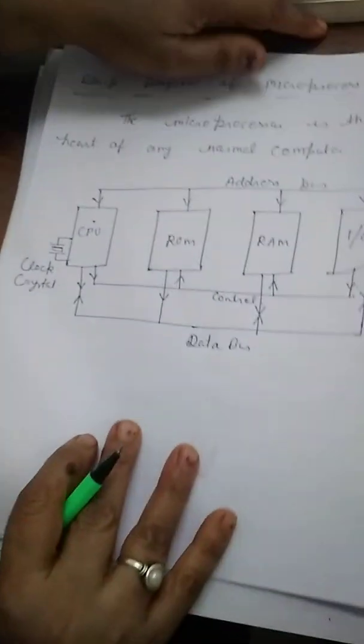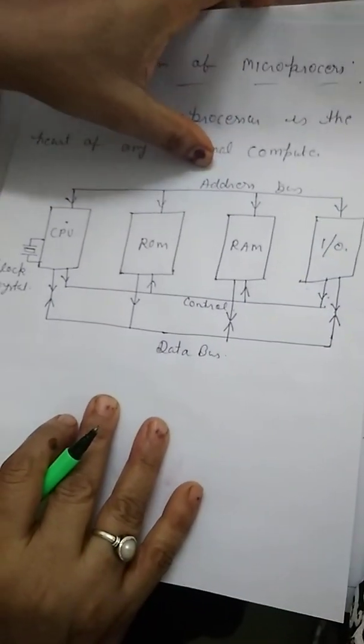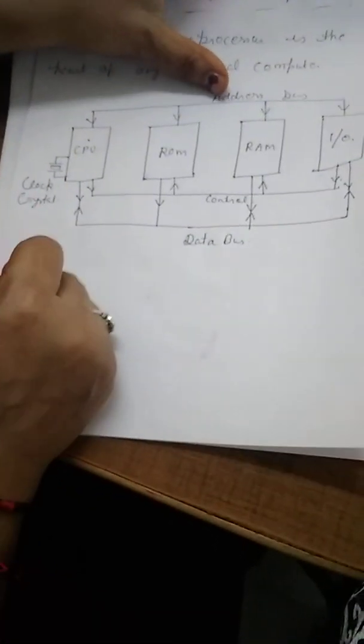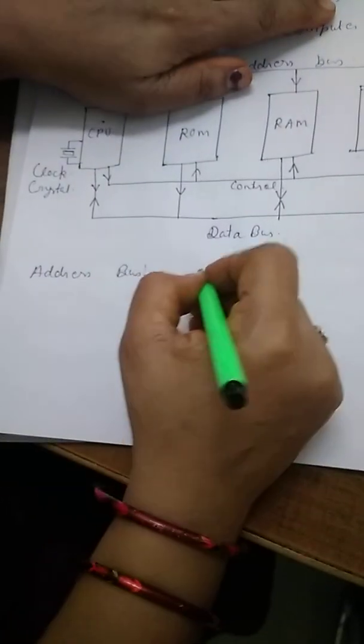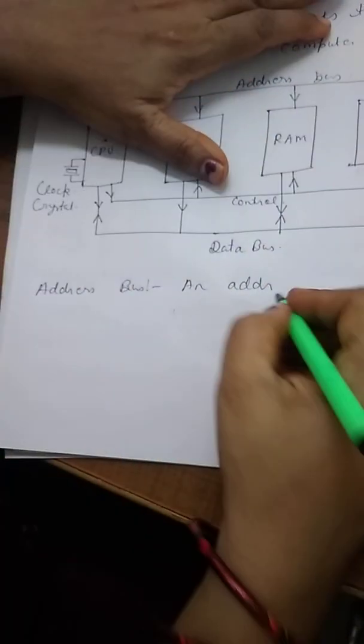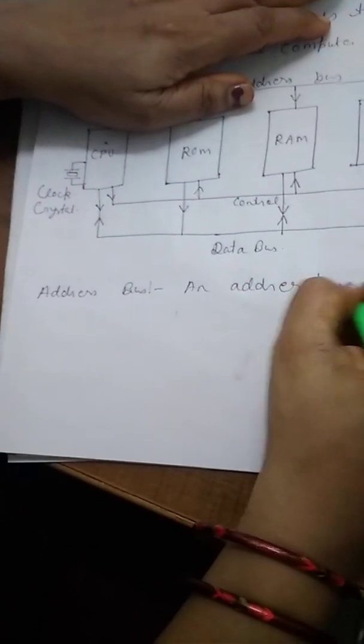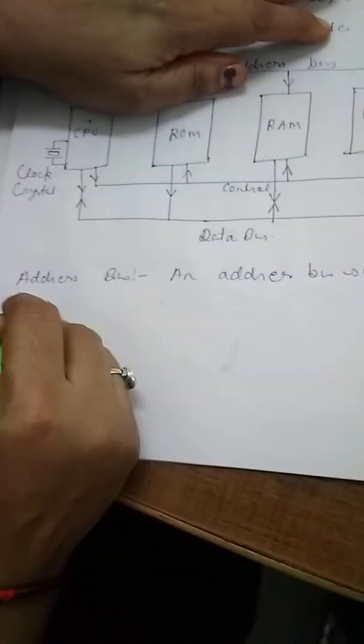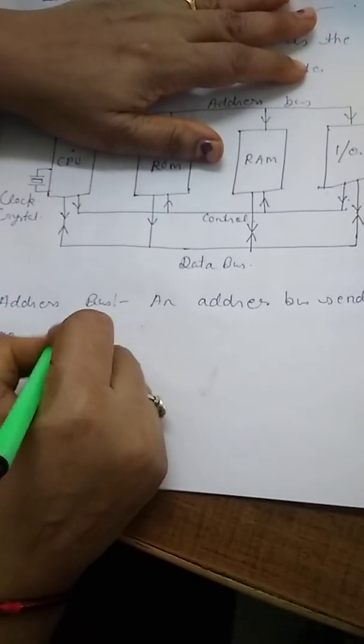Okay, this is the block diagram of the microprocessor. What is address bus? An address bus sends an address to memory.